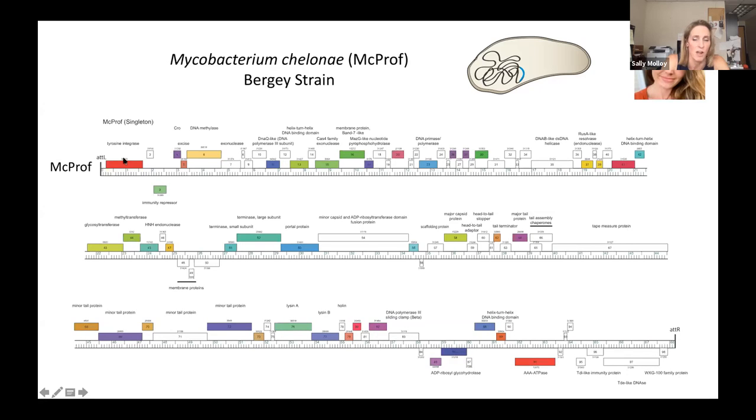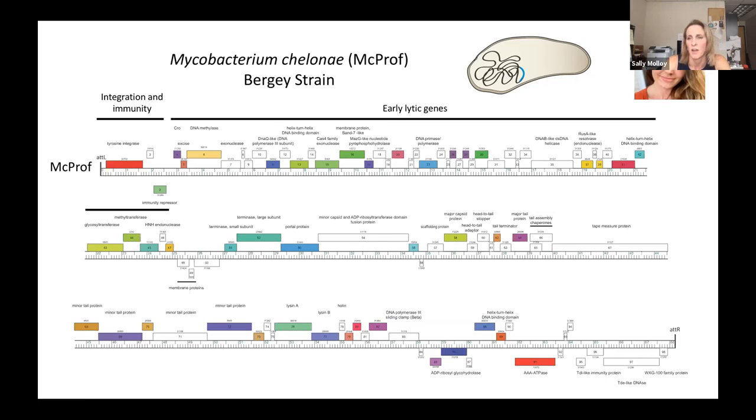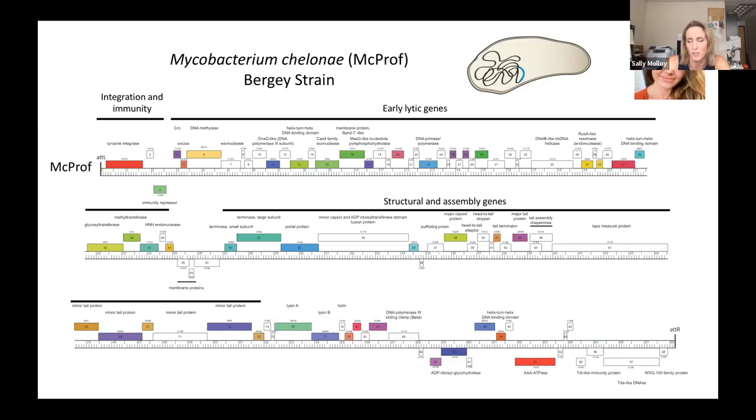This is the McProf genome as it is in the bacterial genome. So it's oriented at L to at R. This ruler represents the coordinates of the genome, and the boxes above and below represent genes that are forward or reverse transcribed. And it carries integration and immunity genes, lytic genes for replication, late lytic genes for the capsid structure, lysis genes.